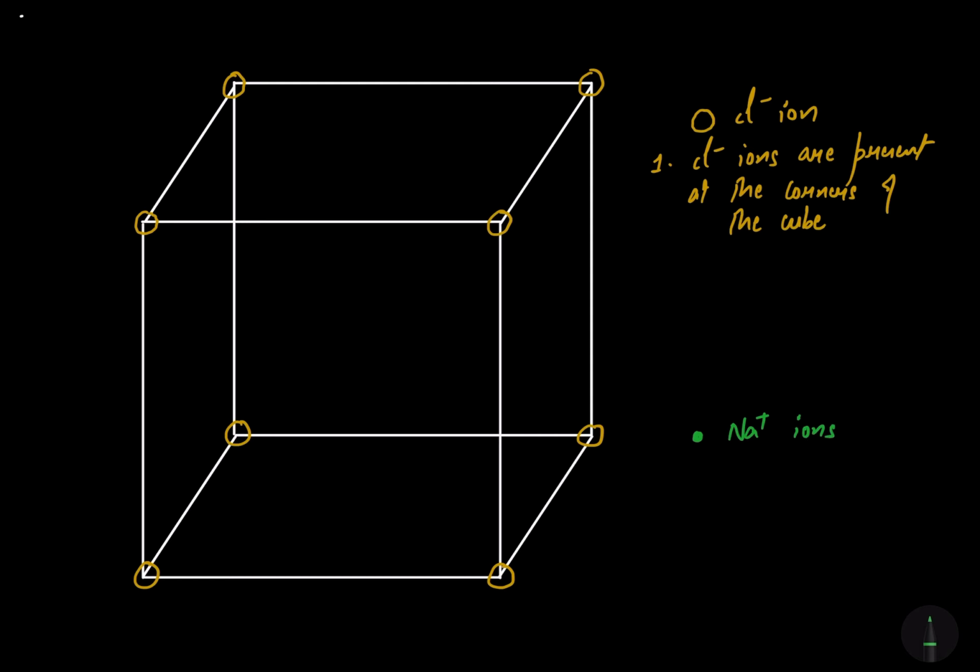Firstly, Na positive ions are present at the center of each edge. This is the first center of the edge. We have a total of 12 edges. The center of the second edge, the center of the third edge, the center of the fourth edge.